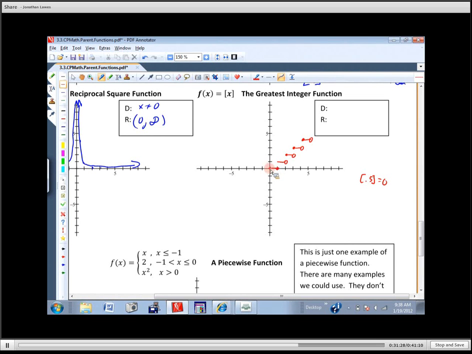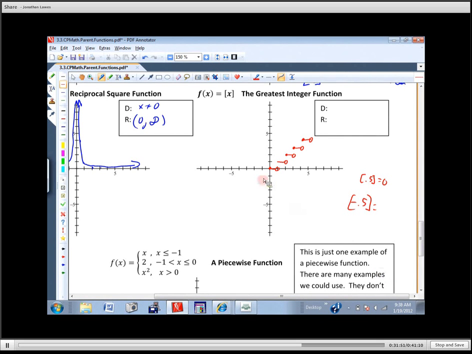Okay, now here's where people get messed up. Negative 0.5. What's the biggest integer that's not bigger than negative 0.5? Okay, it's either 0 or negative 1. Which is it? It's negative 1. For two reasons.